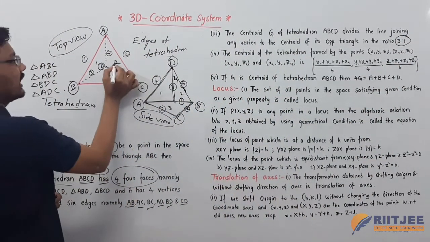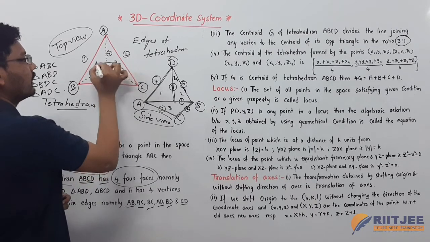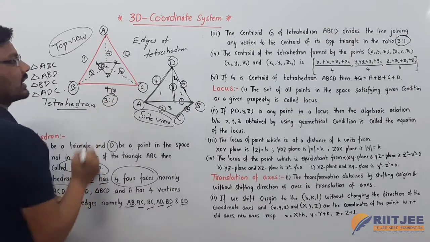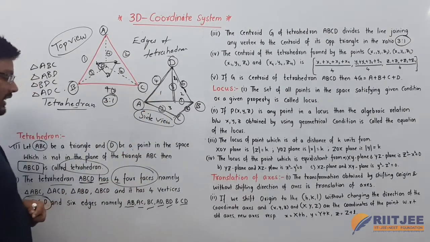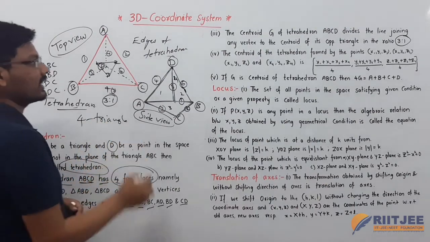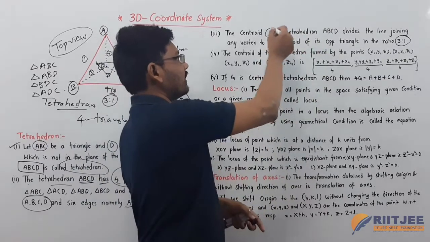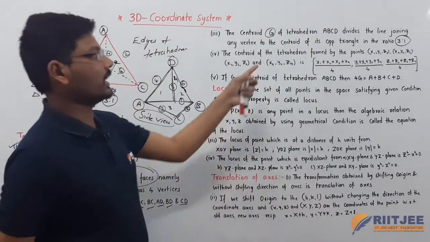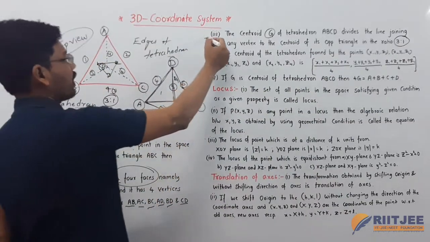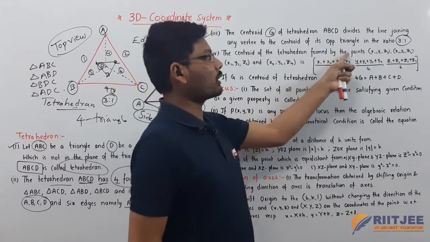The tetrahedron has 4 triangles, and the centroid of each triangle is G1, G2, G3 and so on. They divide in the ratio of 3:1. So he is saying about this point here.